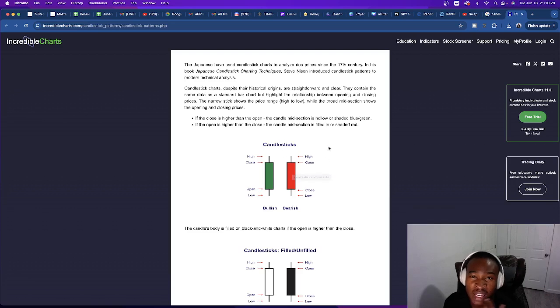The next thing that you guys would need to know is how they open and close. Candlesticks open and close based off of momentum, based off of news reaction, and there's always a catalyst. Either there's demand in that area and it's going to move up, or there's supply in that area and it's going to move down. If you're at a key level, it may shoot up or it may shoot down.